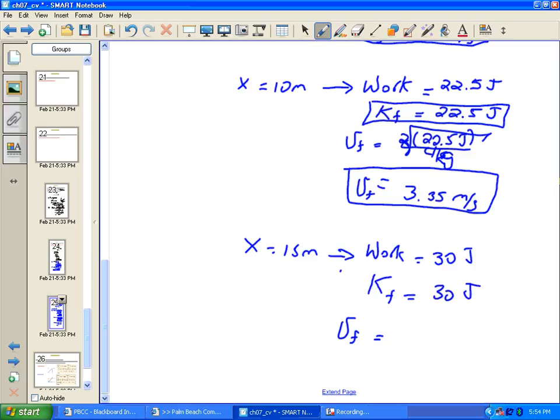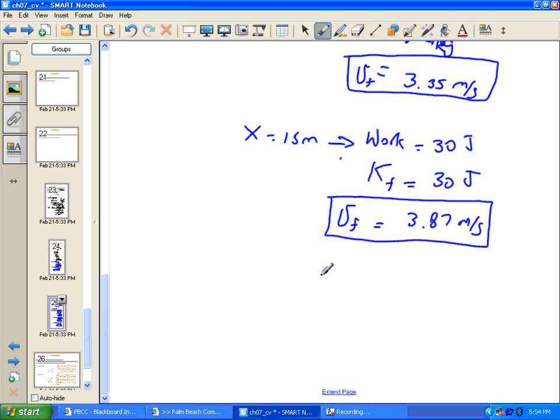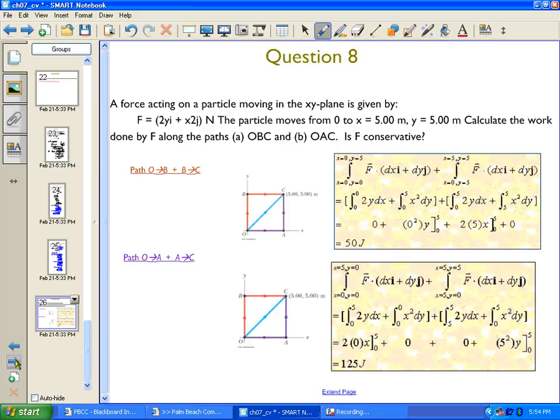I'll just write the final result, 3.87 meters per second. And so effectively, we have solved for this problem, the work, the kinetic energy, and the speed of the particle without ever having to use integration. However, that will not be true for the next problem.